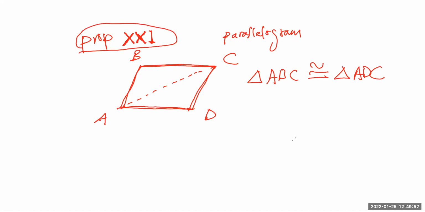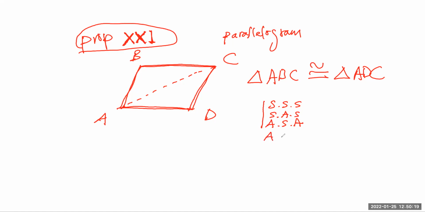So because it's a proposition, we need to prove it. And how do we prove that? Remember, in order to prove triangle congruency, we have either side, side, side, or side, angle, side, or angle, side, angle. And so that's the three main things we need to prove.